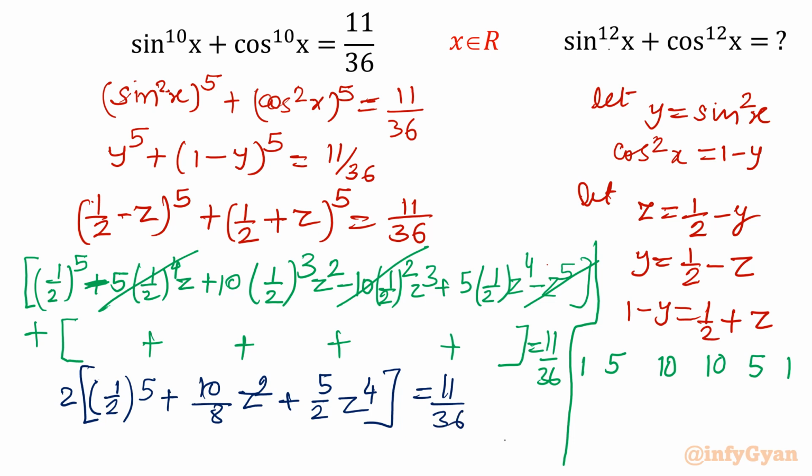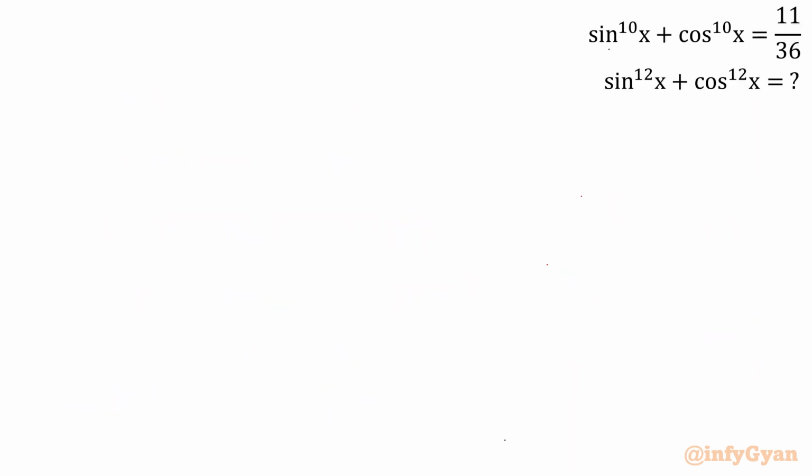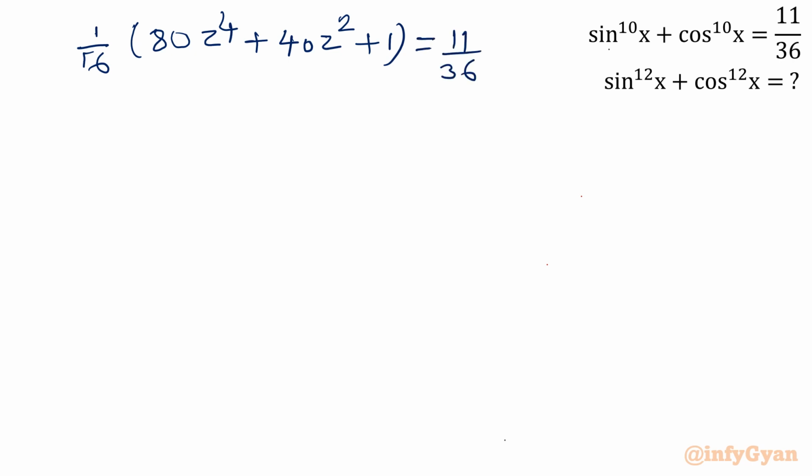Once I simplify this left hand side, or I can take the LCM also, my equation will convert to 1 over 16 in bracket 80 z power 4 plus 40 z square plus 1 equal to 11 over 36.